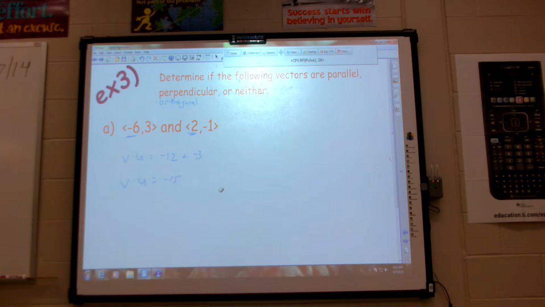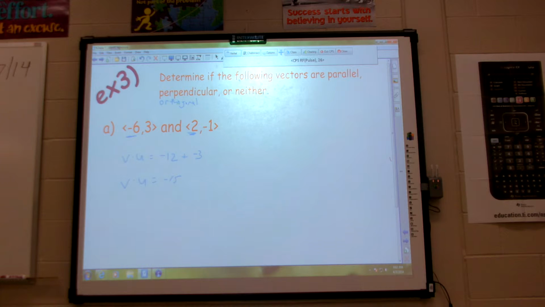Sometimes it's obvious. Can you multiply one of these vectors by some number to get the other? Yes. Multiply by 3. Does everyone agree that if I multiply this vector by 3, I get this vector? Okay, but here's how you could show it.